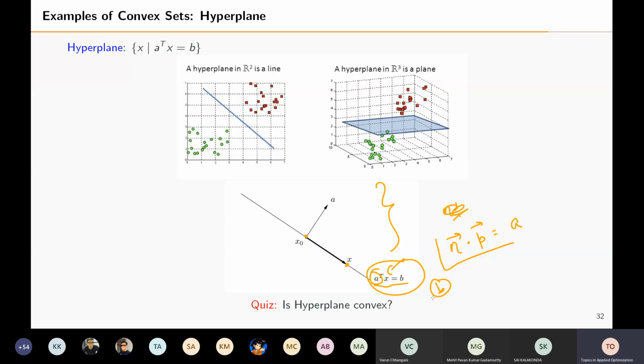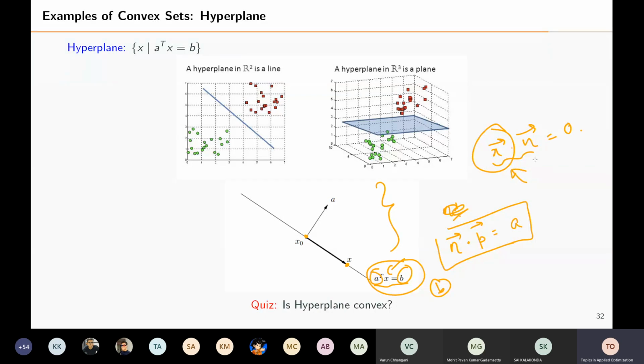Okay, so the equation of the plane is derived from the fact that x is a vector on the plane and n is a normal to the plane. So definitely the dot product should be 0, right? Now whether the plane is passing through the origin or not will decide whether you will get b to be 0 or not. So either the plane doesn't pass through the origin or it passes through the origin.